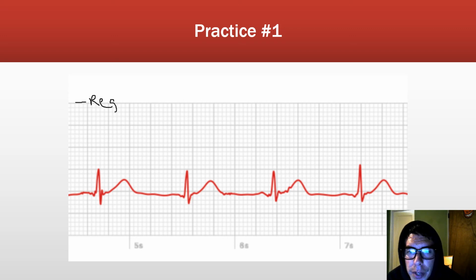Now to calculate a rate, we would want to look for an R wave like this one that's right on a dark line. Preferably you count forward to the next one, but in this case you actually could count back, because they're all consistent. Usually it also says on the paper, and that's another thing you can trust, what it says on the paper is the heart rate.